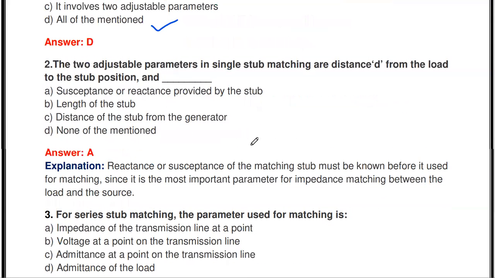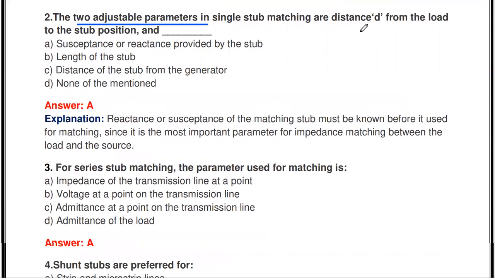Then the next question: the two adjustable parameters in single stub matching are the distance d from the load to stub position and dash. In single stub matching, one parameter is the distance from the load to the stub position.